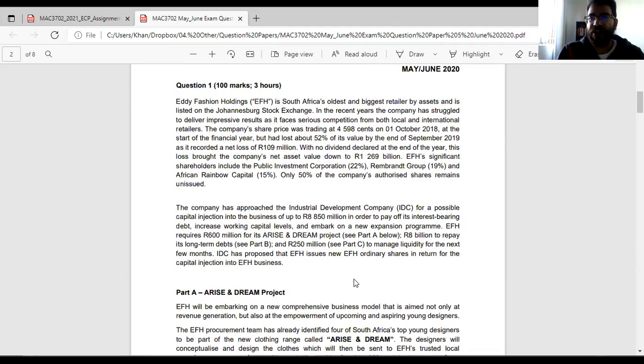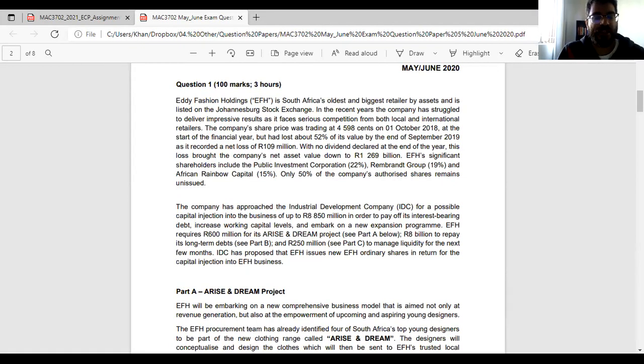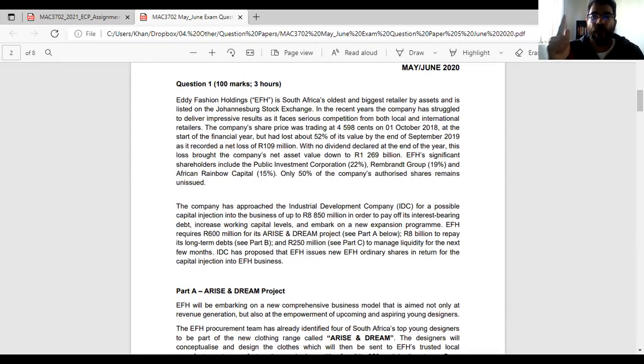Now I'm going to switch over and do the WACC calculation. Remember, when they say, dear student, please determine WACC, what must go through your mind? The WACC formula, the WACC table, and then identifying and jotting down the sources of finance.